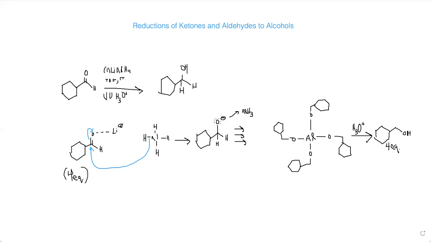Okay, so to briefly wrap up here, I think I'm getting close on time, but there are a couple other reagents that can do the same thing. So the other one that we talked about in class is called the Raney nickel reagent.